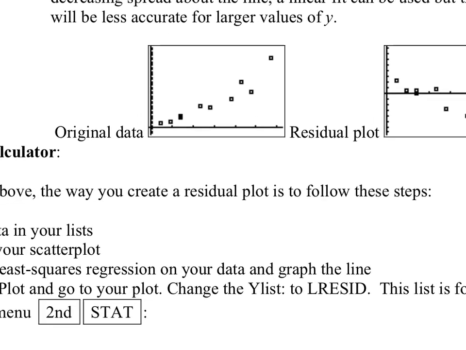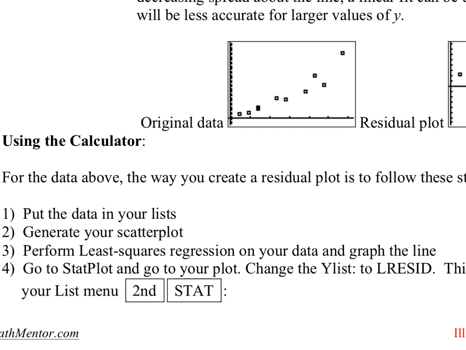Now this one, the original data, the linear pattern looks really good, but then something happens down at the end here. What's happening is the values are getting more spread out as I go out.